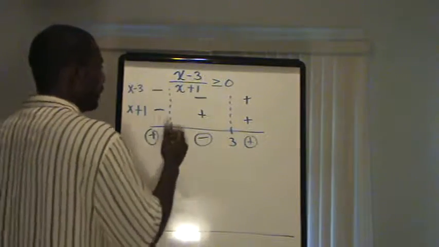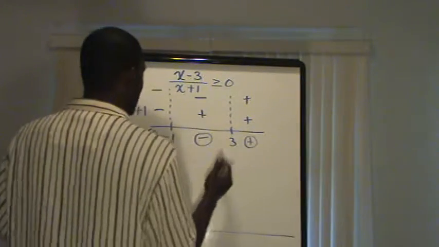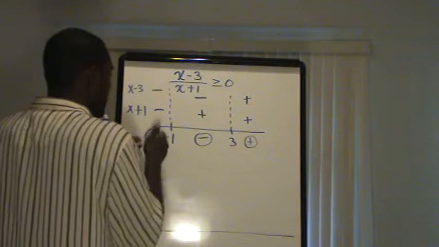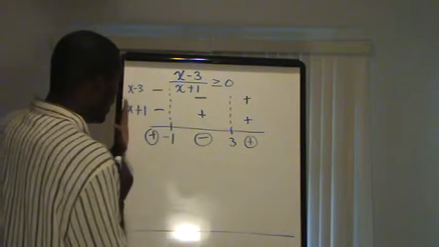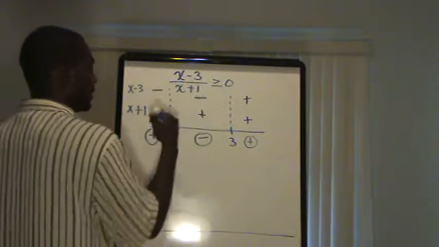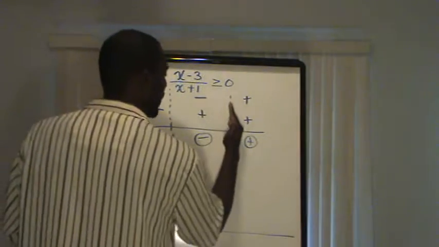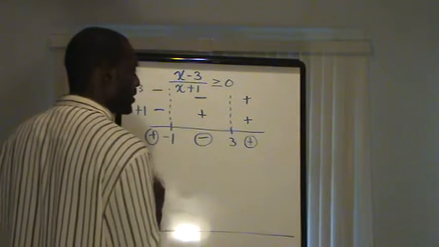Okay, so again, this is what choosing our test points does for us. We see now that from negative infinity coming all the way to negative 1 will produce positive solutions. And picking up with 3 to positive infinity will also give us positive solutions.